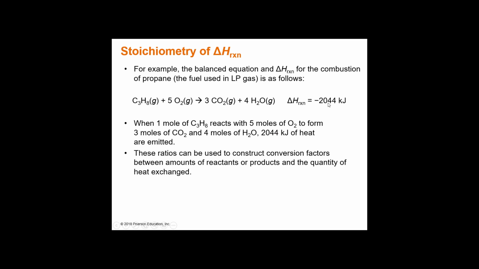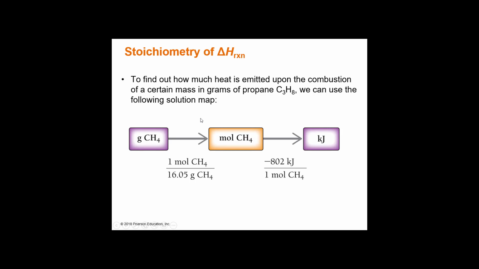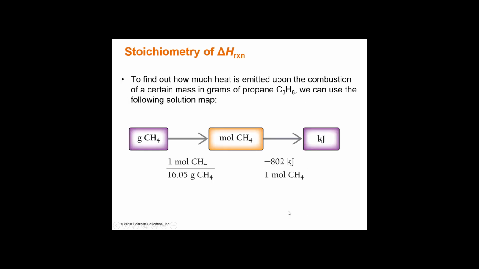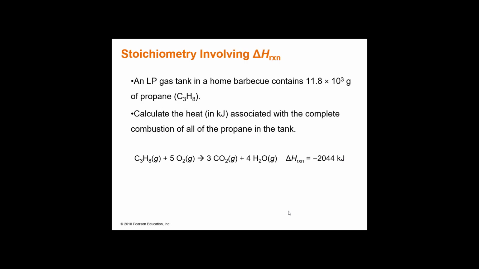So this reaction with this value we can use as a conversion or a ratio to each other. In this case, if we're given a certain mass, we can get to the moles, and that'll give us the kilojoules. The moles is going to be for whatever substance we need here, plus this value, because the kilojoules is what we're going to need at the end. And you have to bring the sign with it.